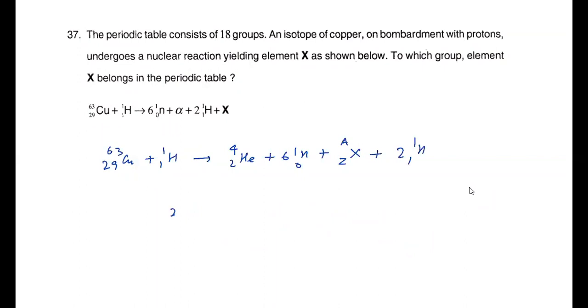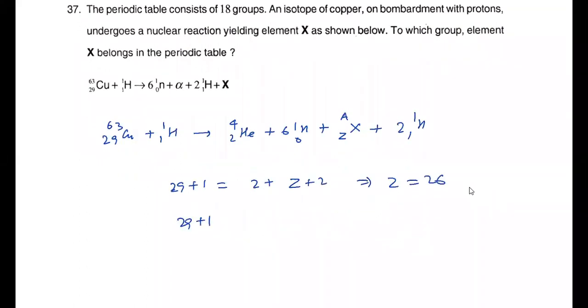So it is 29 plus 1 is equal to 2 plus Z plus 2. So Z will be 26 and mass number will be 29 plus 1 is equal to 2 plus 6, 4 plus 6 plus 2 plus 8.